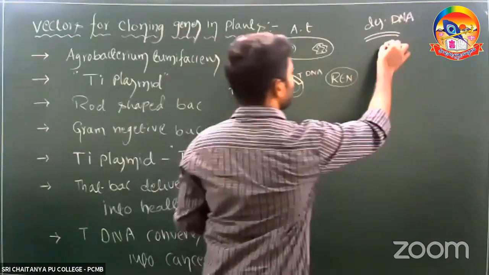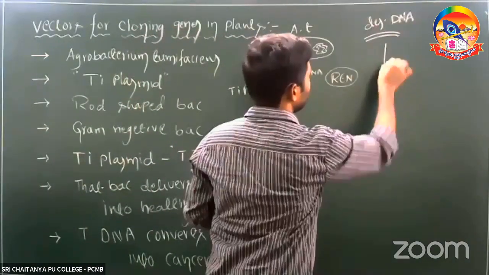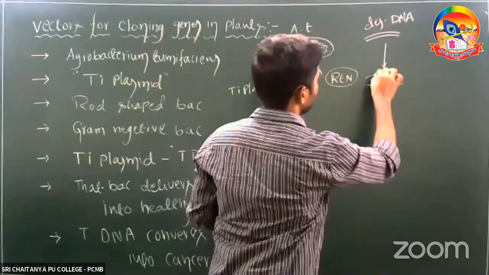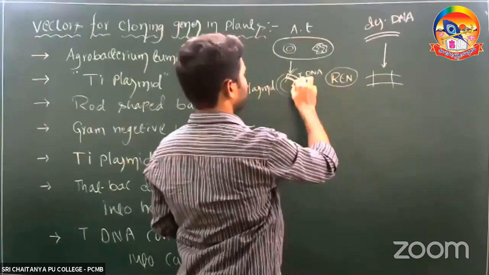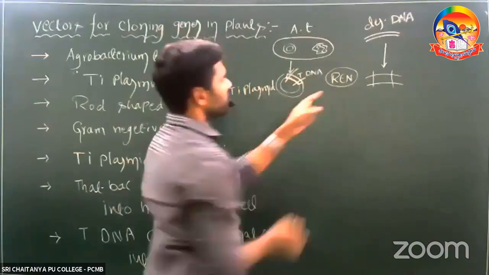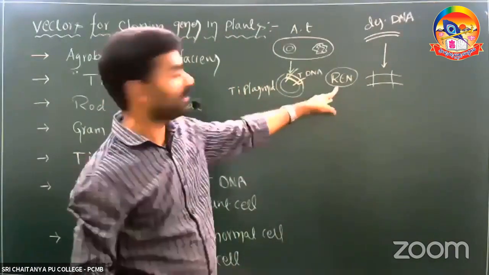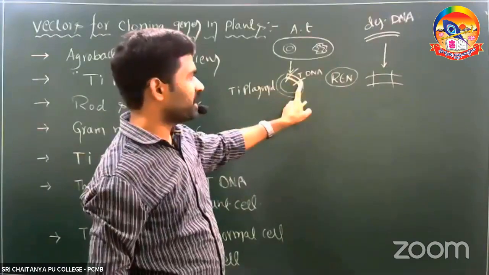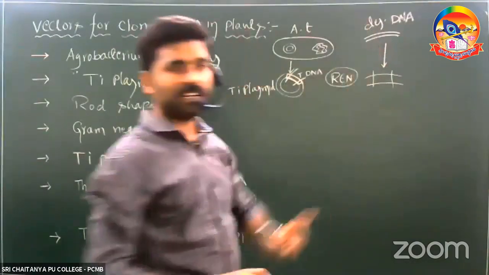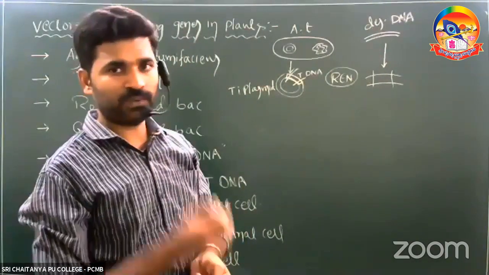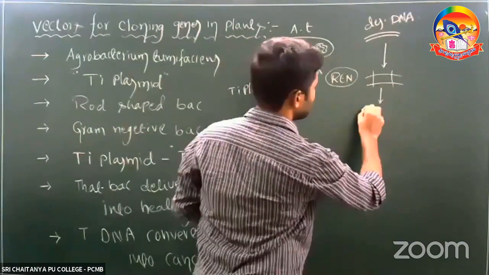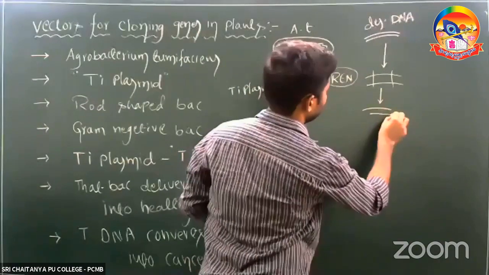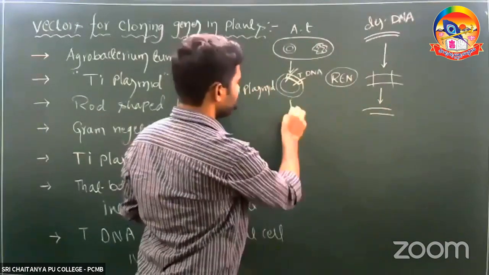In the same way, the desirable genetic material or desirable DNA is also fragmented by the same type of restriction endonuclease enzymes. So the Ti plasmid tDNA and the desirable genetic material are fragmented, resulting in the formation of sticky ends.